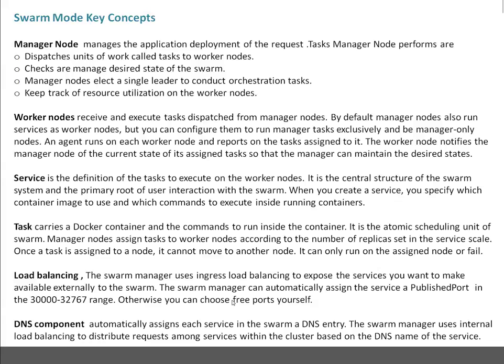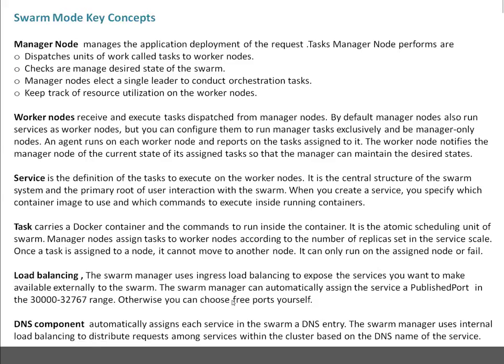Next thing is load balancing. The Swarm manager uses ingress load balancing to expose the services you want to make available externally to Swarm. The Swarm manager can automatically assign the service a published port in the range of 30,000 to 32,767. Otherwise, you can choose your own free ports in your network.